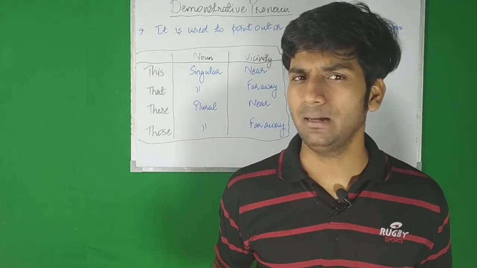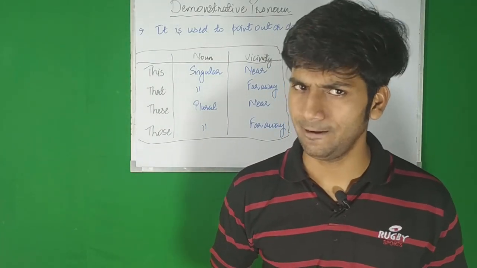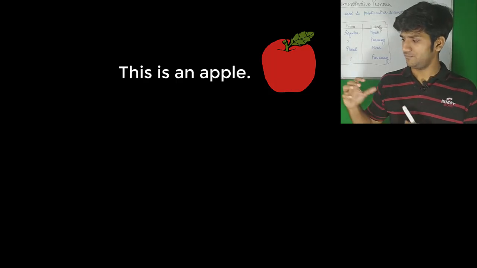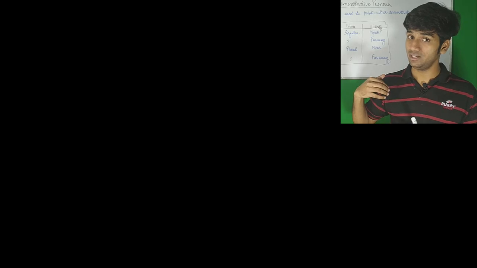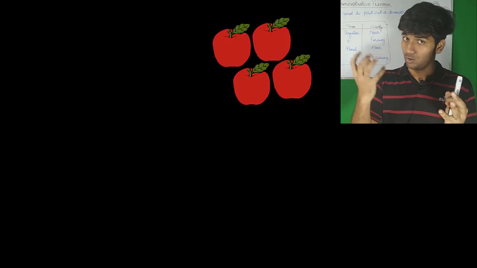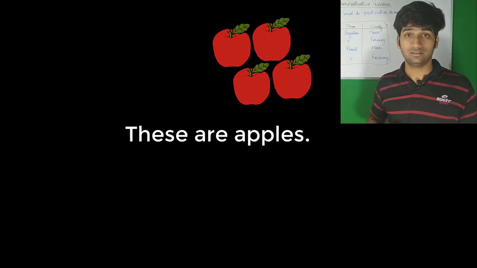Now let's take some examples and understand this. What is it? An apple. This is very close to me. It's 1 in number, so I'll say this is an apple. If it gets far away, I'll say that is an apple. If it is more than 1 and close to me, I'll say these are apples.